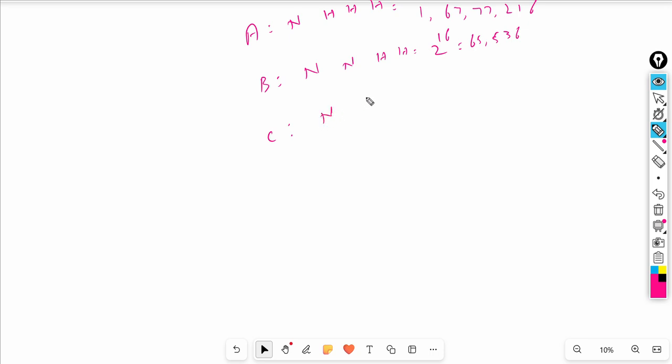Class C, network, network, network, host, 2 power of 8, 256 IPs. These are the default IPs. In class A, in each network, 1 crore 67 lakh 77,216, right? Class B, each network we will have 65,536. In class C, we will have 256 IPs.